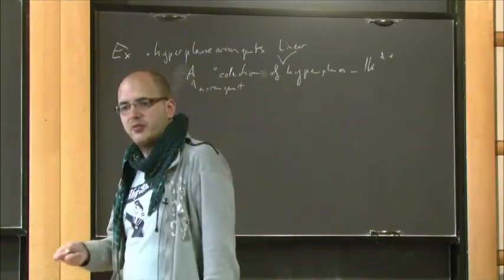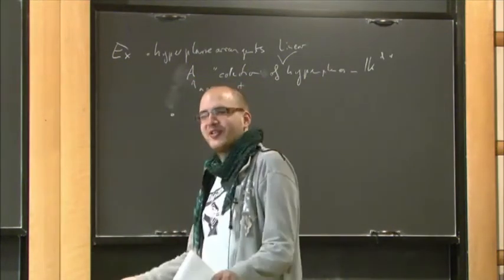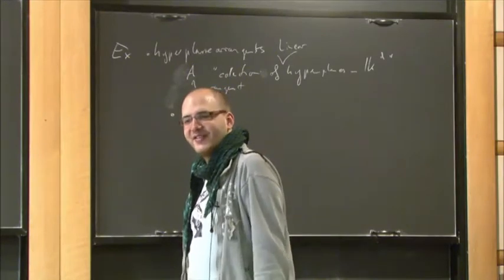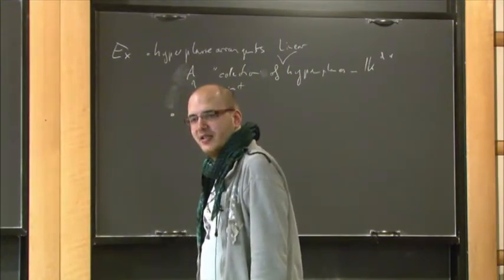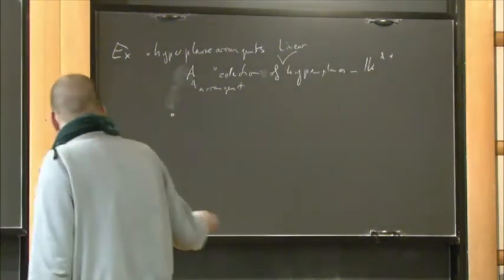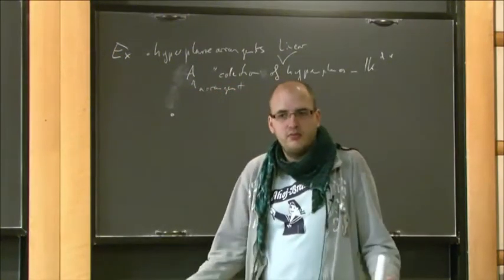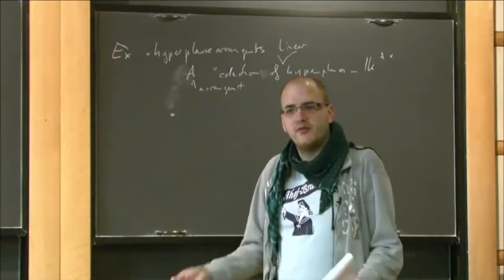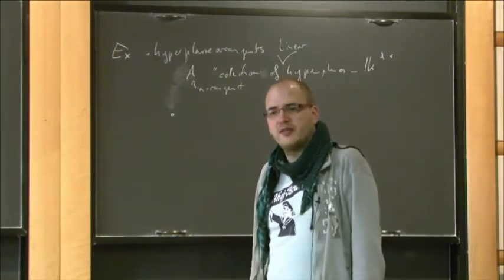This is what I'm asking. What would be the flats? It's a Jerusalem style seminar, so you also have to answer questions. This is just some collection of hyperplanes you like. So it's not all hyperplanes, right? We want a finite collection of hyperplanes. And now what would be the flats?